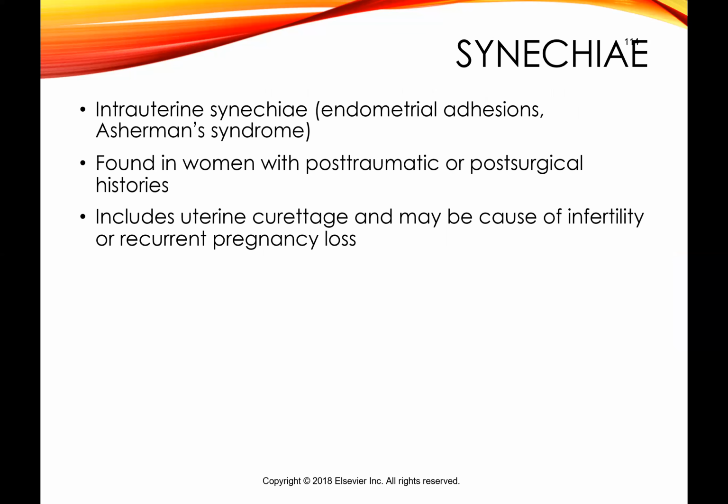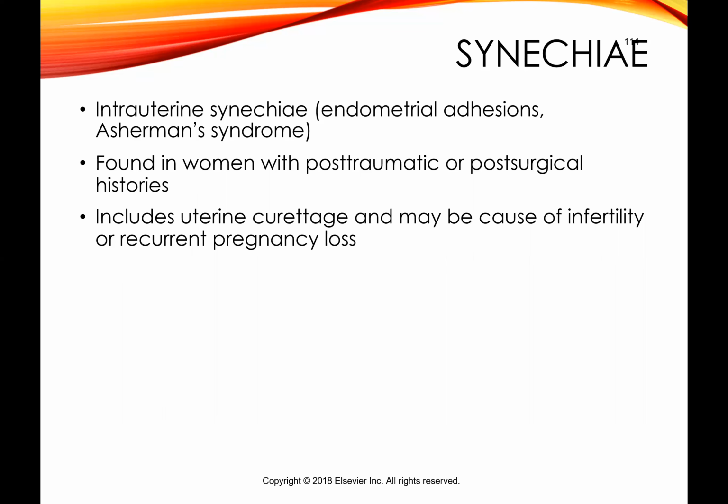And the synechiae, we could talk a little bit about them, are intrauterine synechiae or endometrial adhesions. They're found in women with post-traumatic or post-surgical histories. I see these a lot when I'm doing a complete OB ultrasound, 19-20 weeks, where they're finding out what they're having.